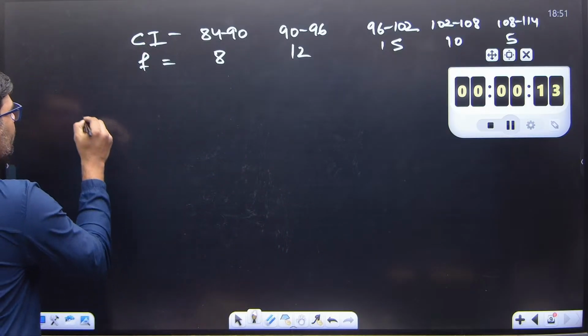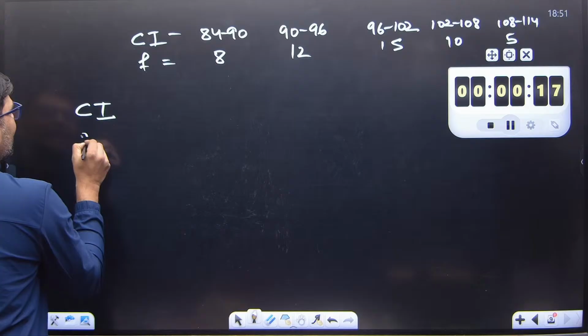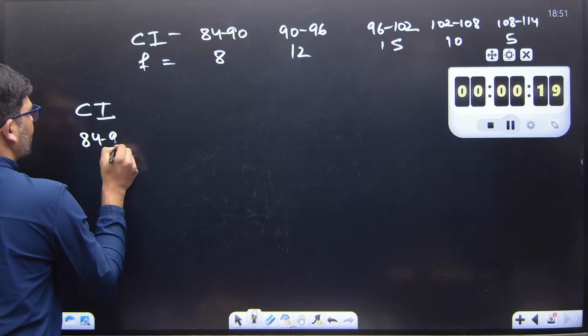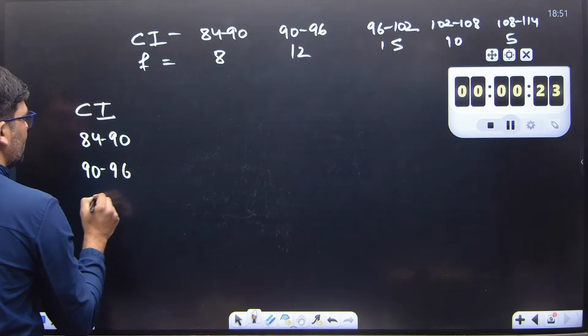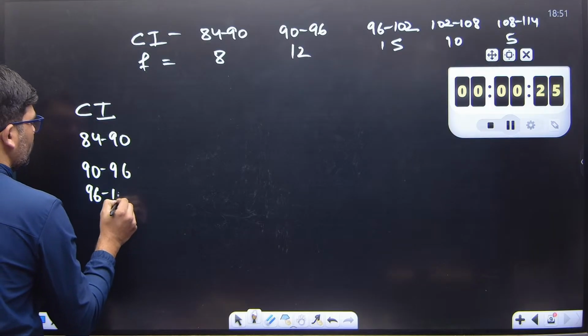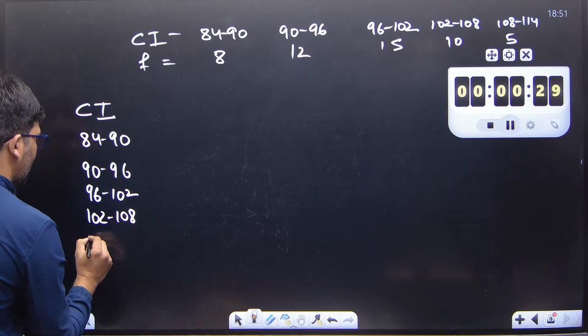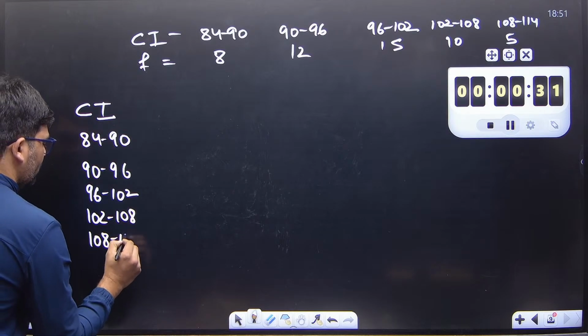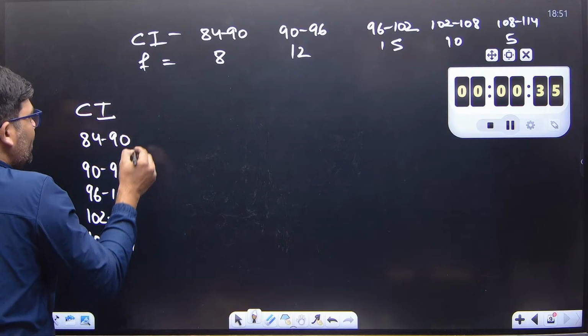So immediately you should start with writing CI. You will write CI as 84 to 90, 90 to 96, 96 to 102, 102 to 108, 108 to 114. Just next to it, you will write XI.